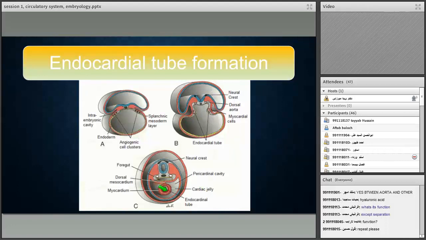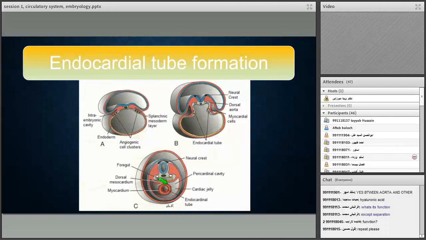Also, at the caudal side of the dorsal mesocardium, there would be some proepicardial cells or region. The proepicardial cells also migrate on the heart tube, proliferating and forming the epicardium.